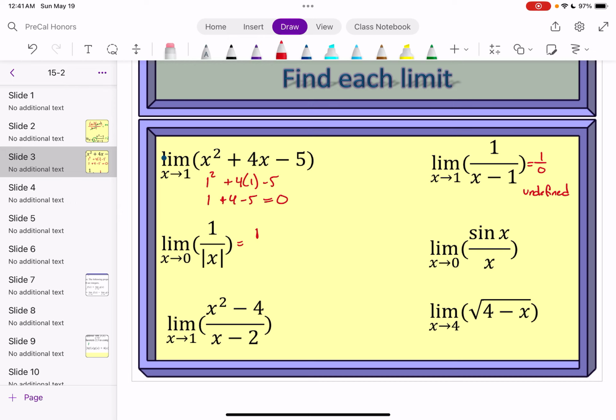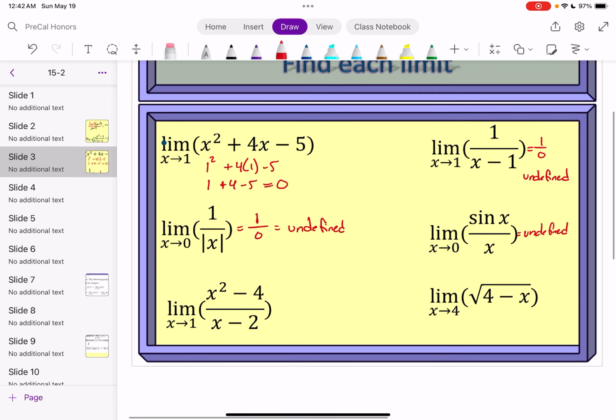Absolute value of 0 is 0. 1 over 0 will give you undefined. Sine x over x. Once again, if we have x being 0, we are still dividing 0 by 0. Even in that case, we would still end up with undefined.